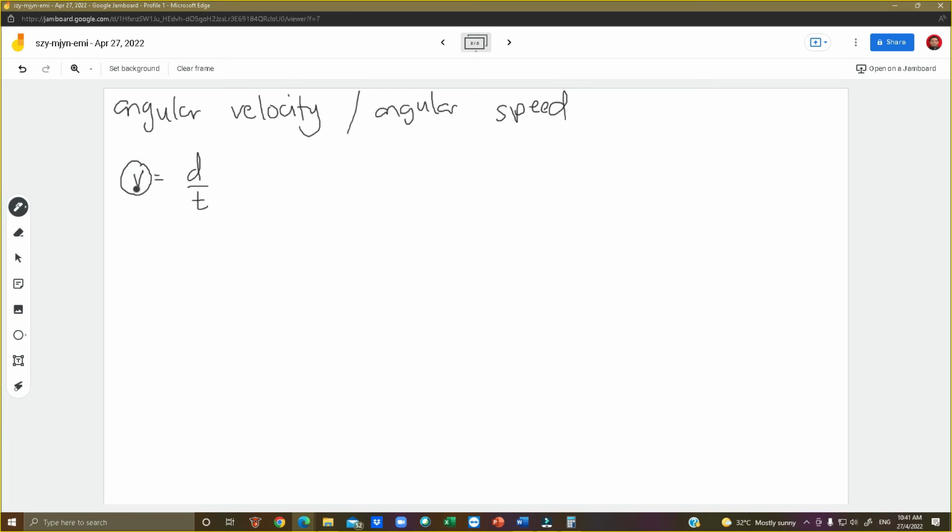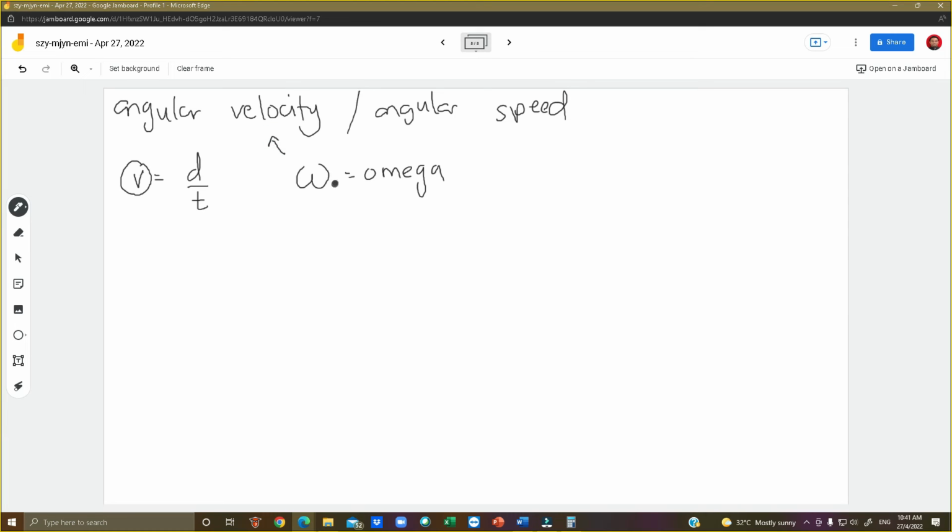Kita akan panggil dia sebagai macam W bulat. W is something like this, but this one is more round, like an S. This is known as omega. Omega representing angular velocity.